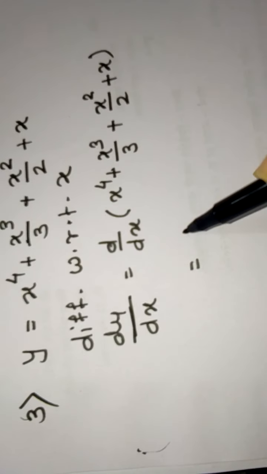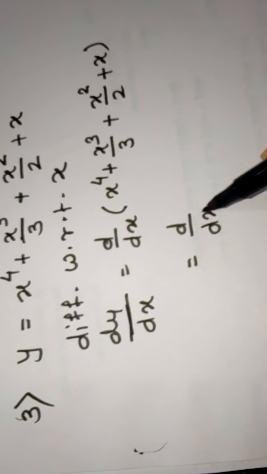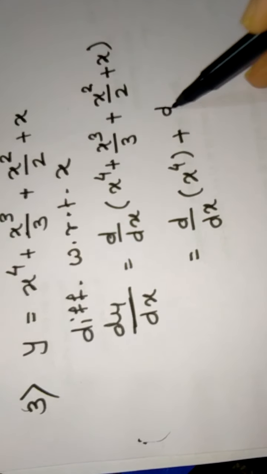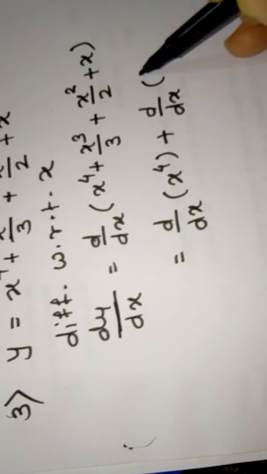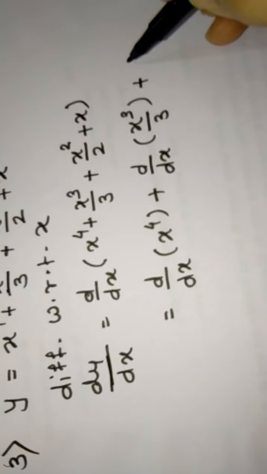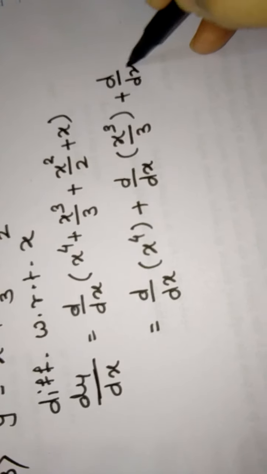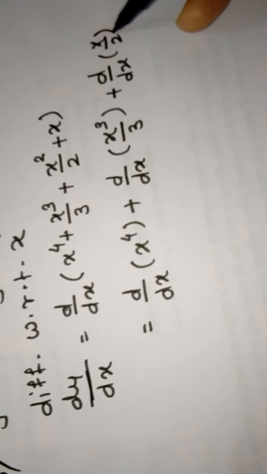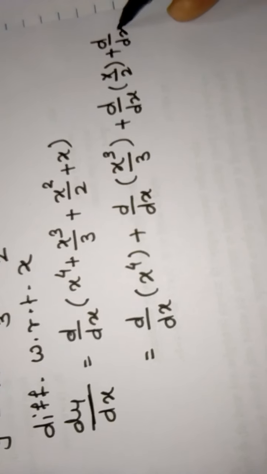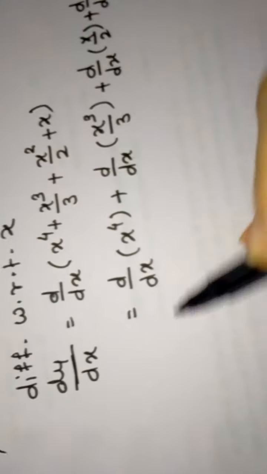Again separate the derivative, that is d by dx of x raised to 4 plus d by dx of x cube upon 3 plus d by dx of x square upon 2 plus d by dx of x.